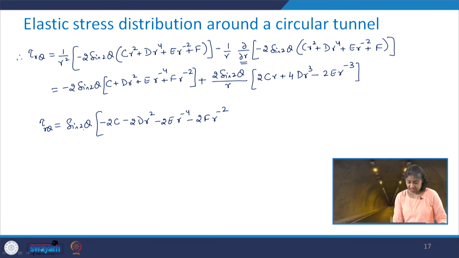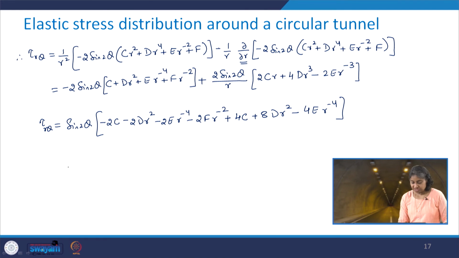Now, we have taken sine 2 theta outside, so 2 by r will be multiplied here. So that will give me plus 2 by r, so this is going to be 4c, then plus 8d r square, then 2 by r, so minus 4e r to the power minus 4. This is what we are going to get.